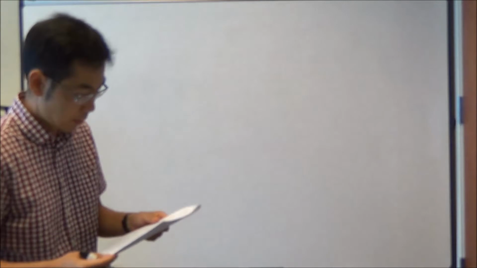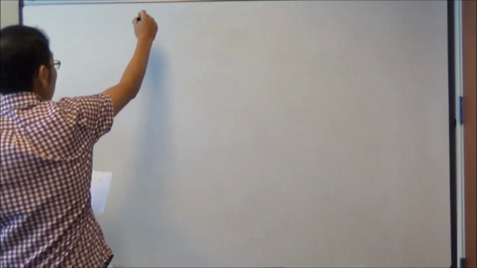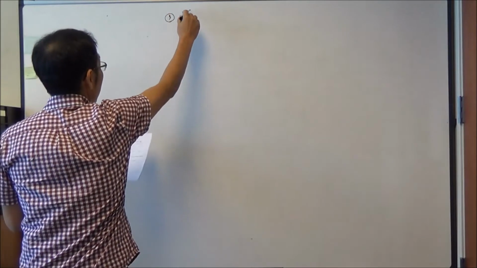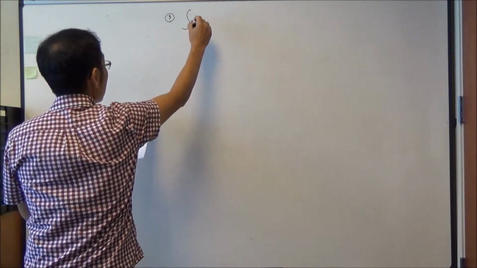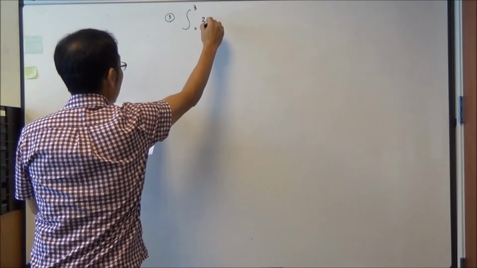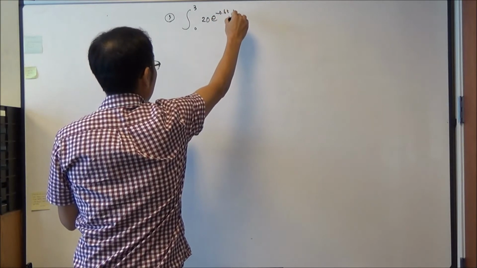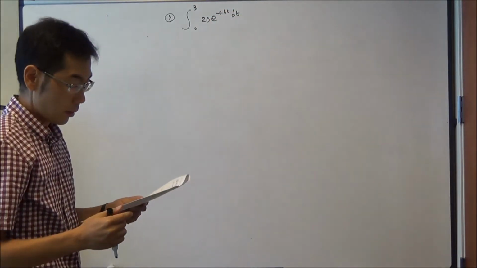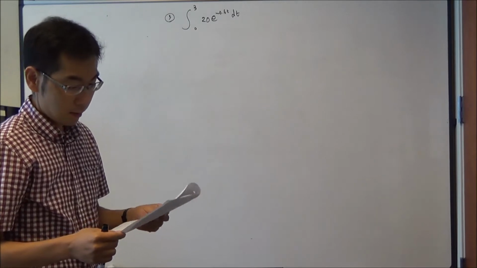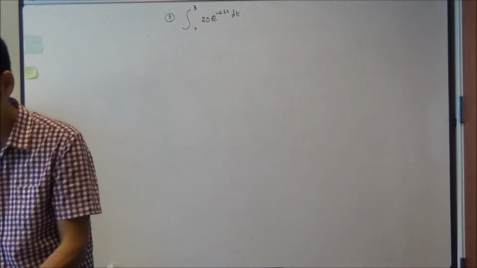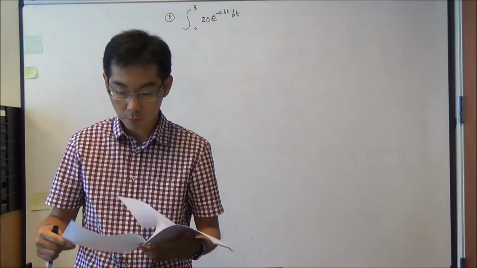Okay, the next problem is number 3. So we need to evaluate number 3, from 0 to 3, 20 exponential of... So this is an integral. And then, as you know, the very basic integral rule.